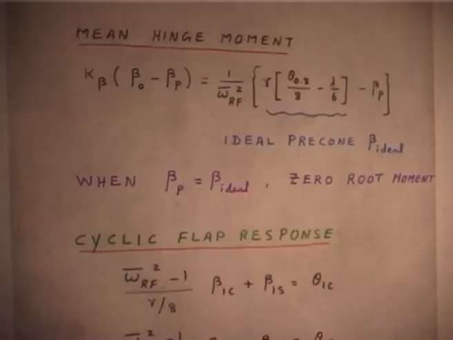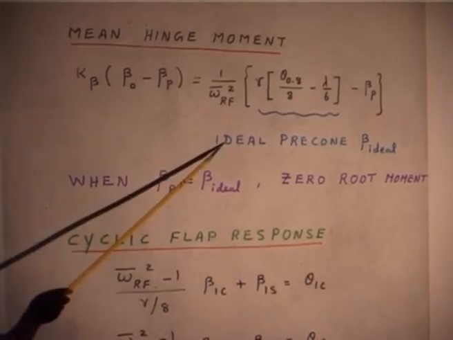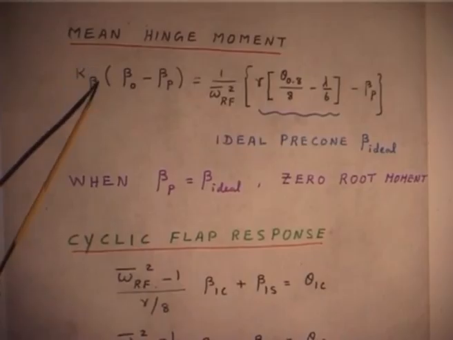I will keep this. We saw the ideal precone, that was what we were discussing last class. That is essentially the root moment is k beta, beta naught minus beta p.